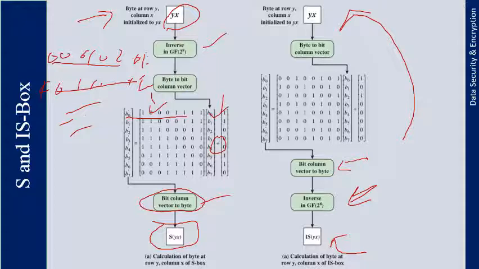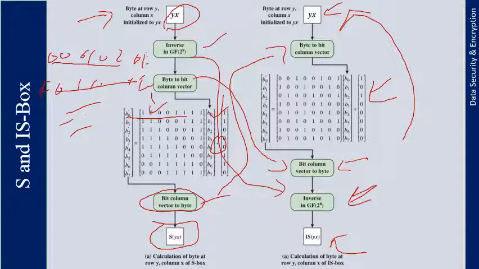In other words, if you have the value of yx, you perform the byte to bit column vector conversion, reverse the transformation step, perform the multiplication of the vector, do the bit column to vector byte conversion, and take the inverse in GF(2^8). Then you finally get the inverse S-box value.